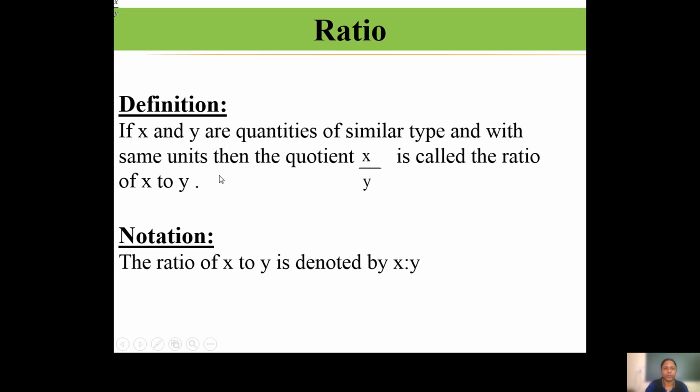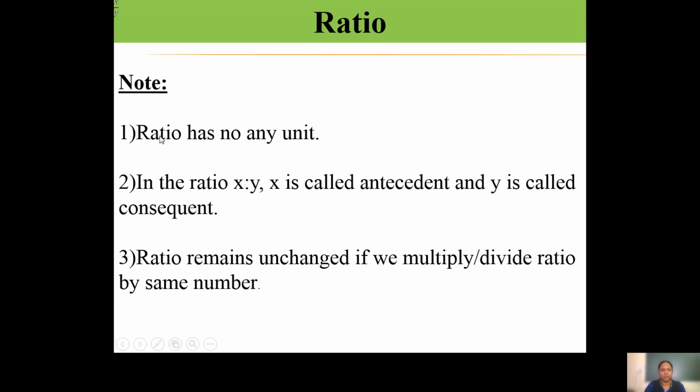Now let us see the definition of ratio. If x and y are quantities of similar type with the same units, then the quotient x upon y is called the ratio of x to y. Let us see the notation. The ratio of x to y is denoted by x is to y. Ratio has no unit.